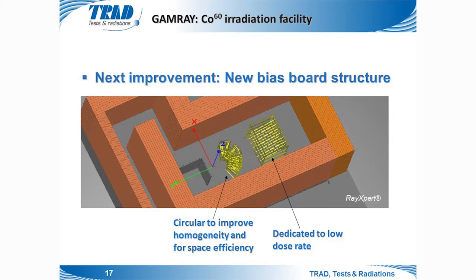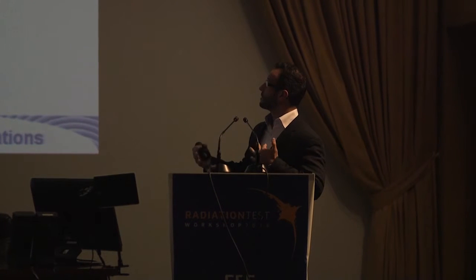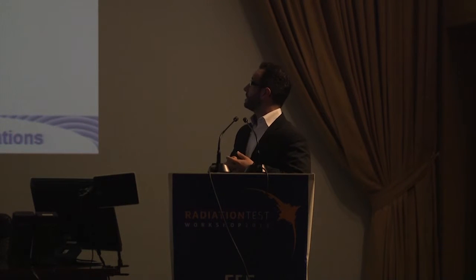The next big improvement of this facility will be the bias board holder structure. We will replace it by circular one in order to improve the homogeneity and the space efficiency. And we also made a dedicated structure in order to perform low dose rate irradiations.